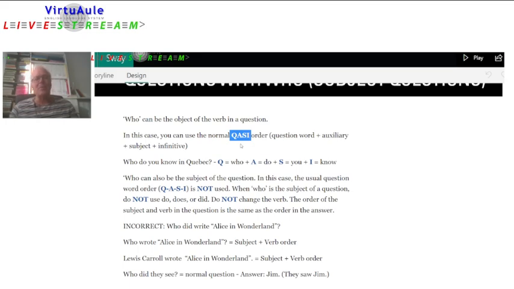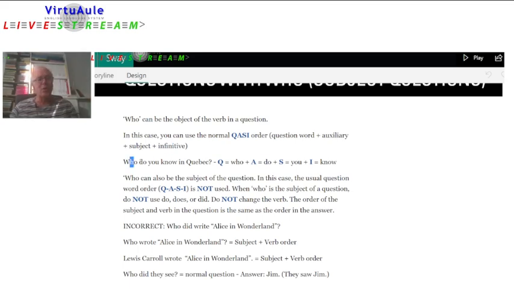Many people make mistakes by losing the order. They put the subject first, and you cannot put the subject first. You have to think about the question word and then the auxiliary. And then you can think about the subject. Then the infinitive. The verb doesn't inflect, it doesn't conjugate, it is used in the infinitive form.